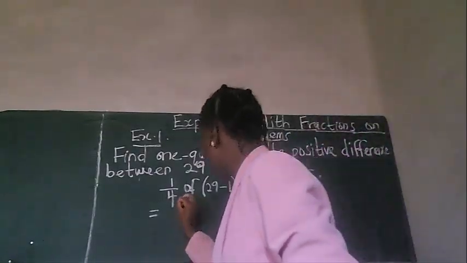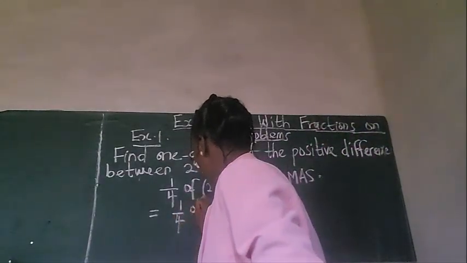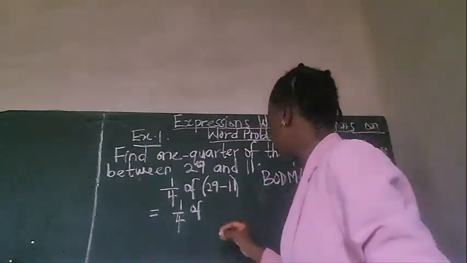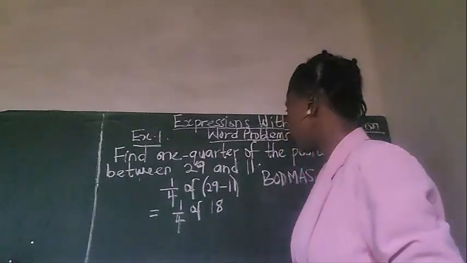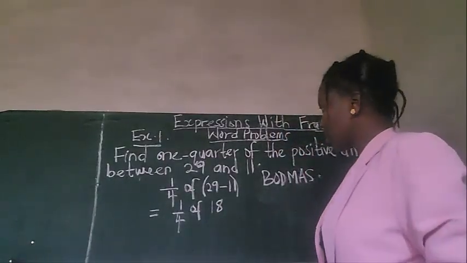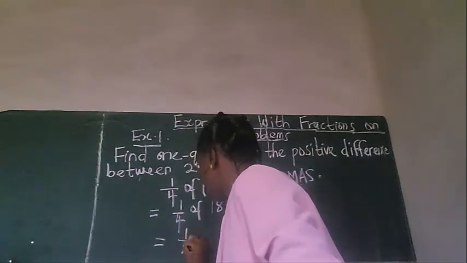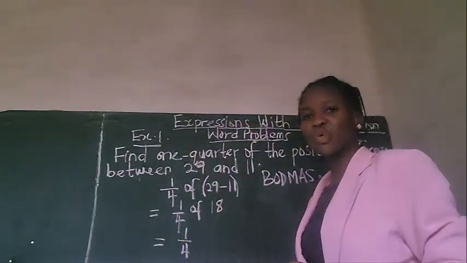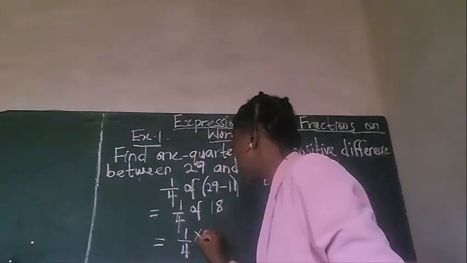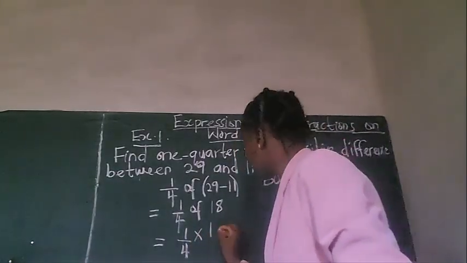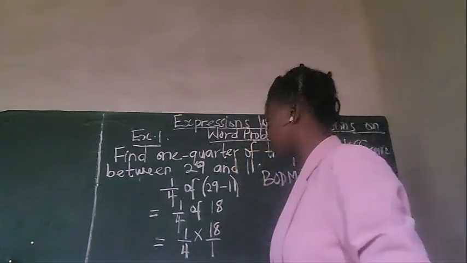So that would be 1/4 of 29 minus 11, and that's 18. So that will be equals to 1/4 of 18, and we change "of" to multiplication. That's times 18/1.